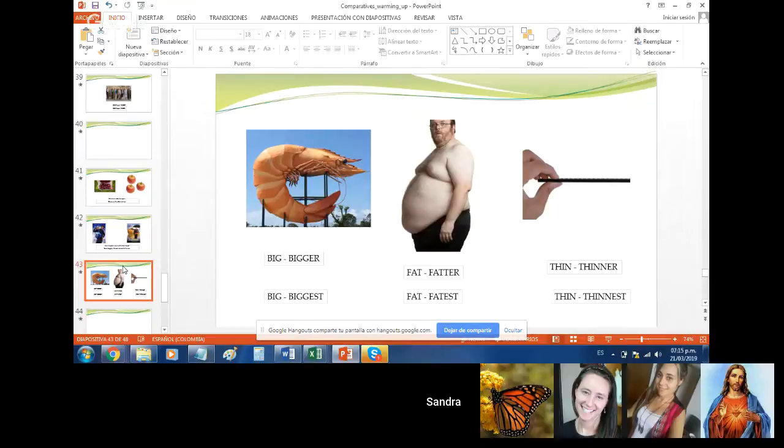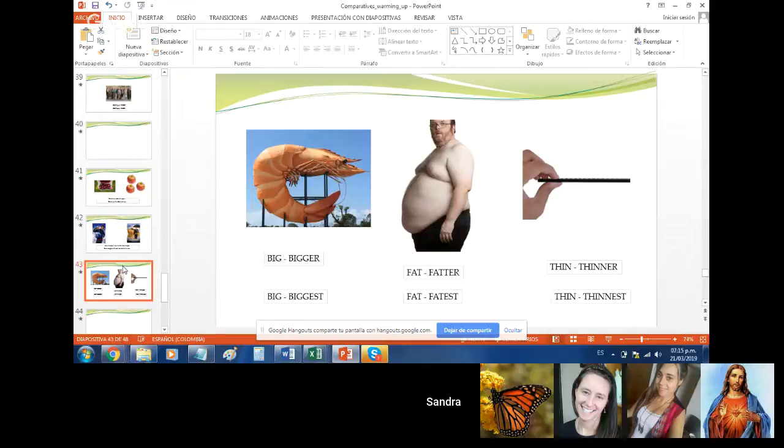Con la regla 1-1-2. ¿Cuál es la regla 1-1-2? Si tiene una sílaba, big. Si tiene una vocal, big. Y si tiene dos sonidos consonánticos, la B y la G. Ahí en ese caso le doblamos la última letra, como en el primer ejemplo. Big as a bigger, big as a biggest.